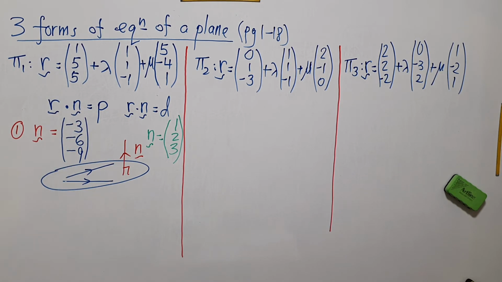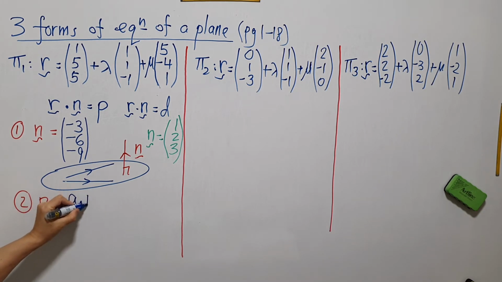Nevertheless, keeping to this original -3, -6, -9, I now want to conduct my second step. In my second step, I have to find the number p, or as I told you, sometimes they use the letter d. How do you find this number? p equals a point on the plane dotted with the vector n.